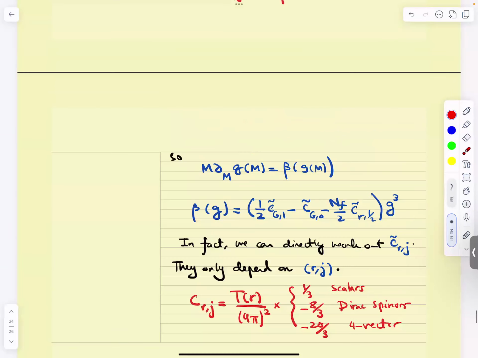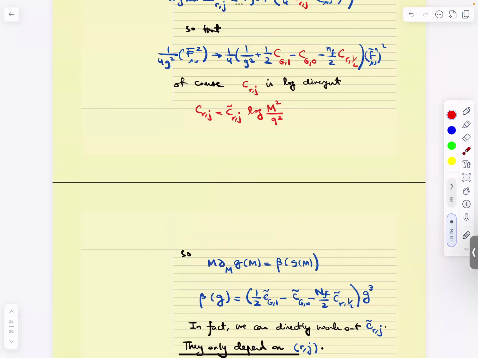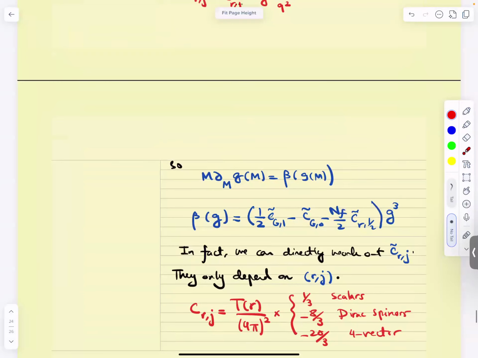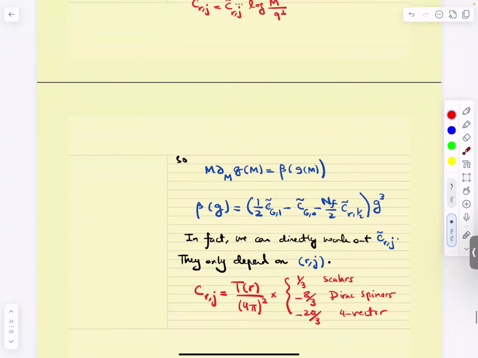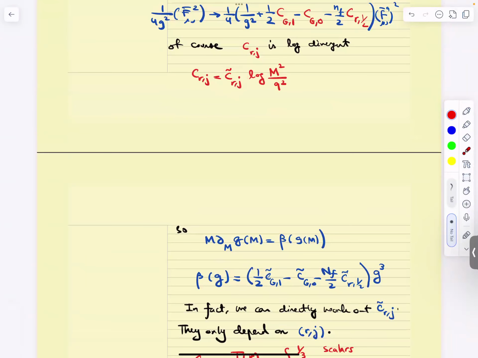If you do that, what you're going to find is that there's this log of M squared in every single term. M d/dM of that will basically tell you that the beta function is half C tilde, where C tilde is the coefficient of C_R,J that's proportional to log of M squared over Q squared.